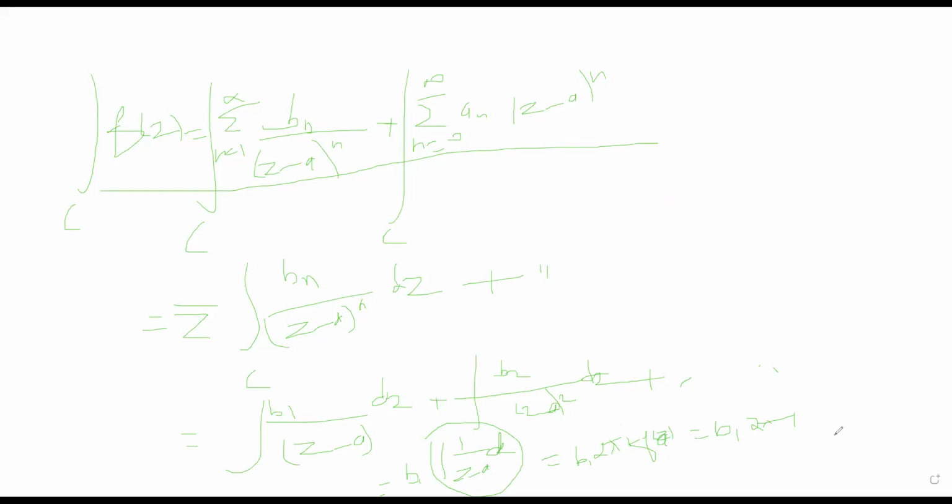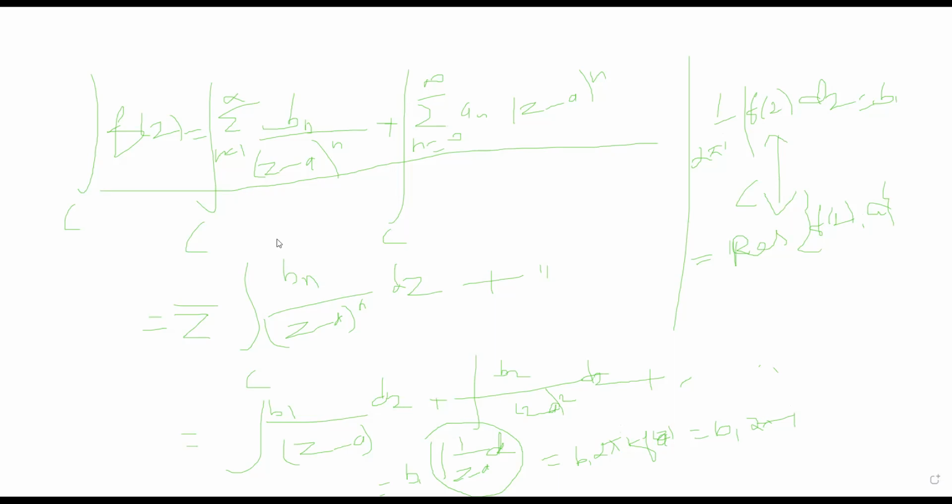By taking 2 pi i to the left hand side, we get 1 by 2 pi i integral over c f of z dz equals b1. And b1 is nothing but the residue of f of z at the point a, since it is the coefficient of 1 by z minus a. Therefore, the residue of f of z at the point a is nothing but 1 by 2 pi i integral over c f of z dz. This connects Cauchy's integral formula to the residue.